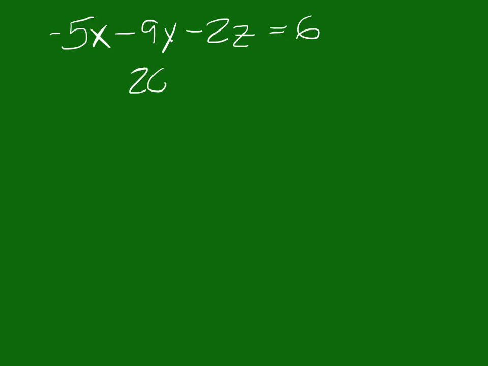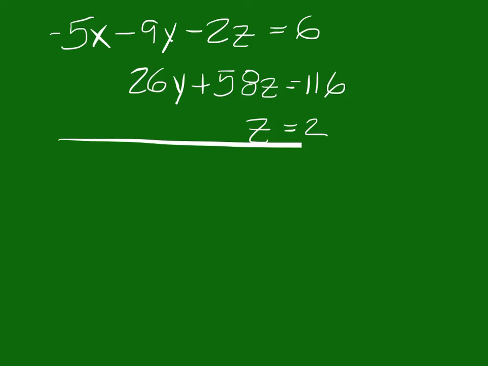So now we need the first equation again, negative 5x minus 9y minus 2z equals 6. The second one that we made is 26y plus 58z equals 116, and we just found z to be equal to 2. So from here we can solve backwards and plug that 2 in for z.